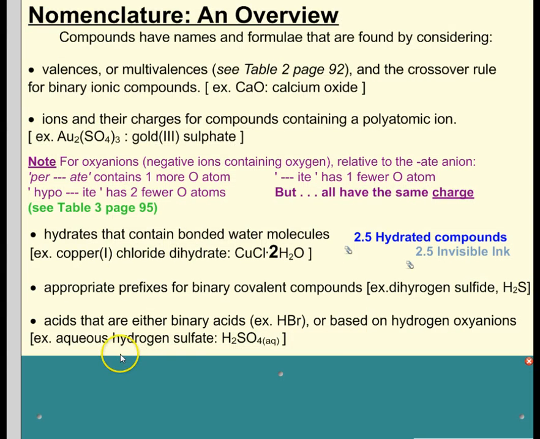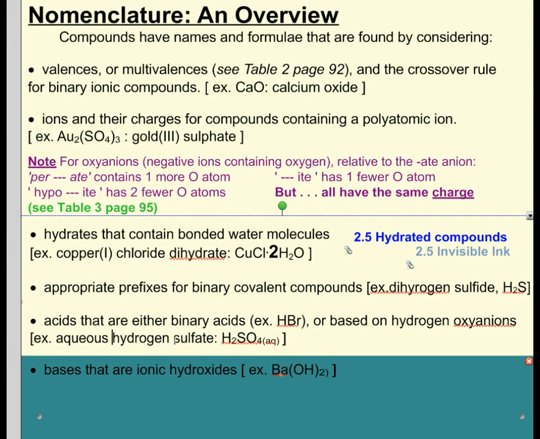So going back here, I just made a correction to the name for H2SO4, which is commonly called sulfuric acid. The IUPAC name would be aqueous hydrogen sulfate. We would not name it as if it were a molecular compound, dihydrogen sulfate like that. We would just name it aqueous hydrogen sulfate.